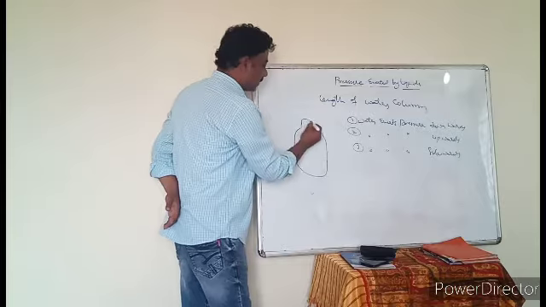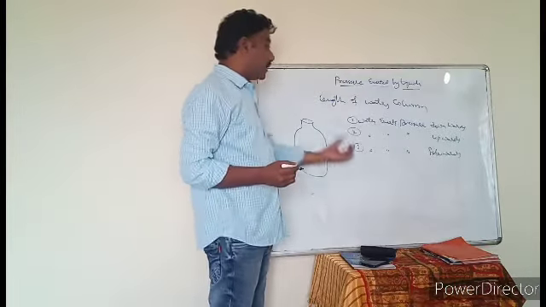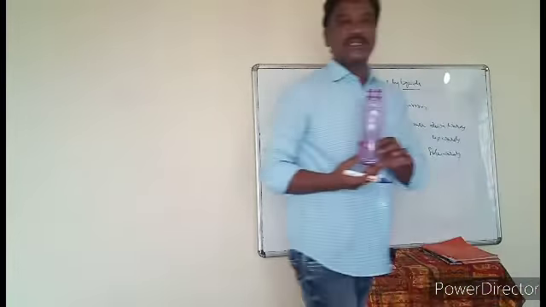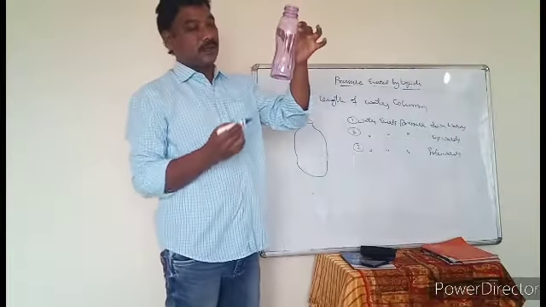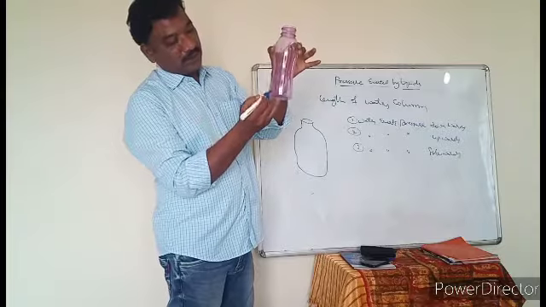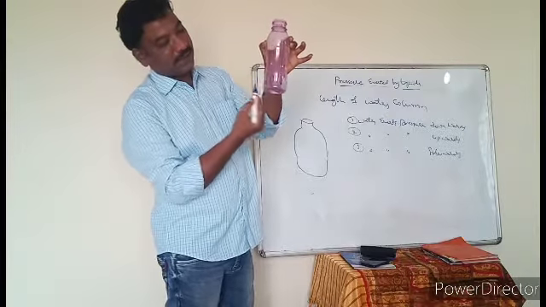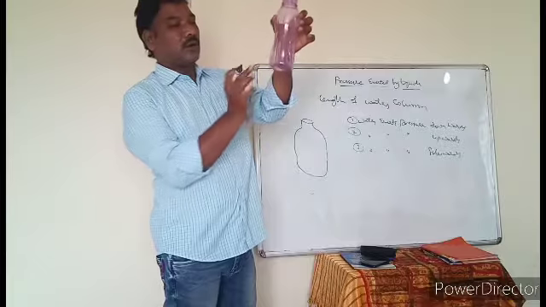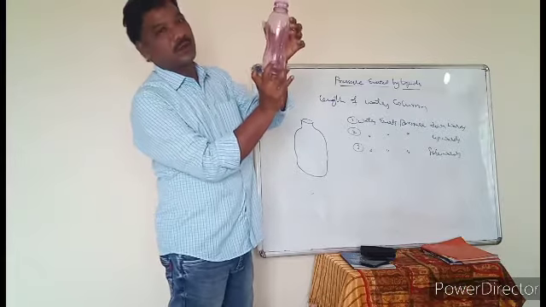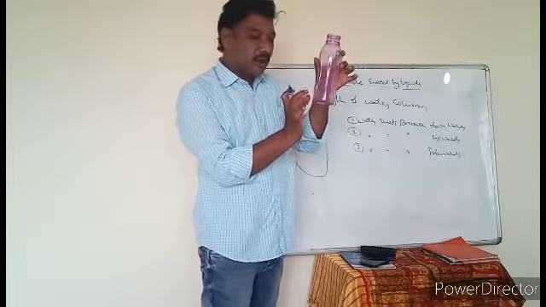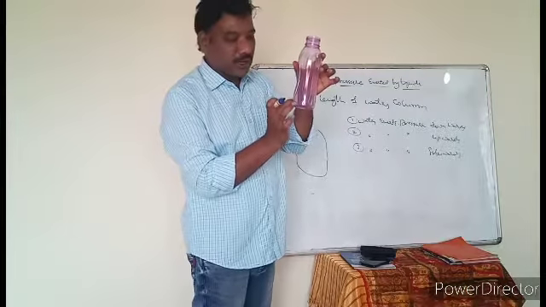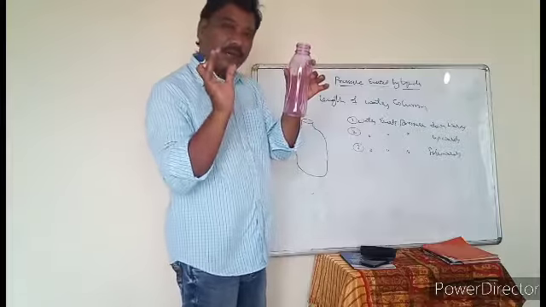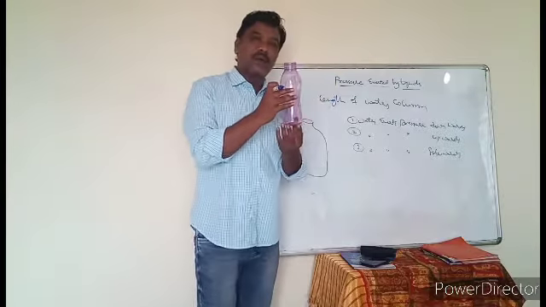In this place, at the sides, not at the very bottom, here one, and here one, on three different sides, I am making holes with any instrument. At three different places, I am making three holes. Now this is an empty water bottle.